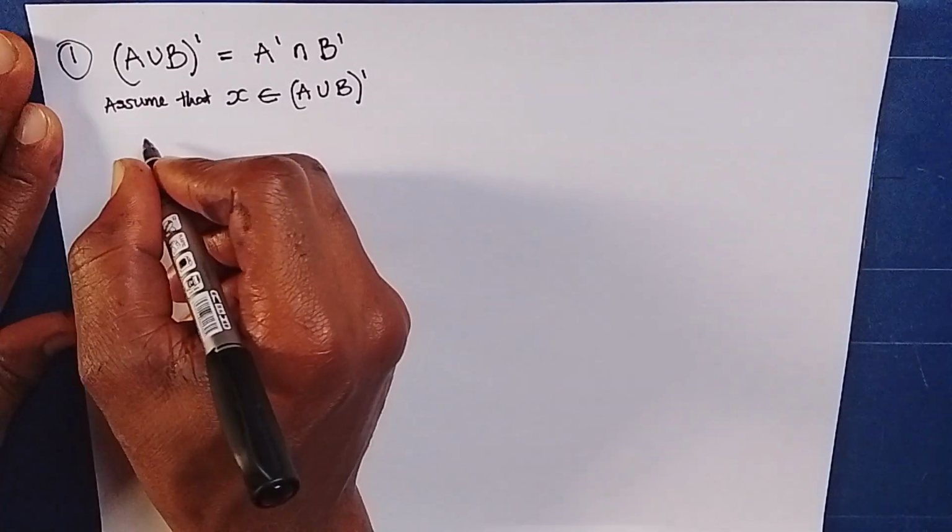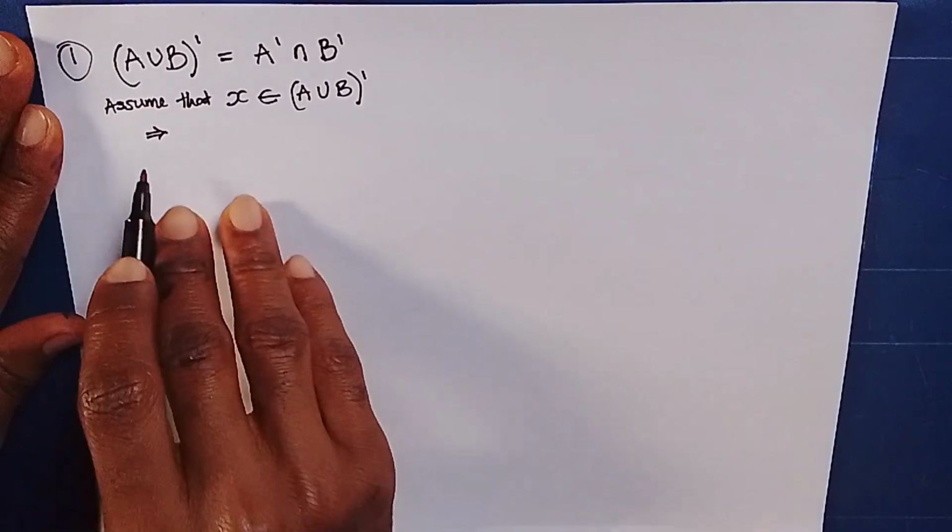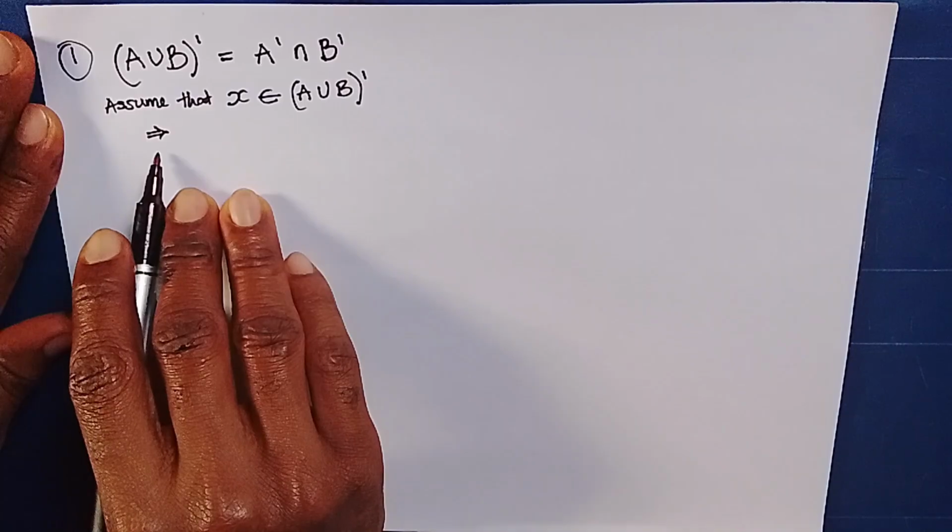If that is the case, it implies, we use this arrow. This arrow signifies implies.